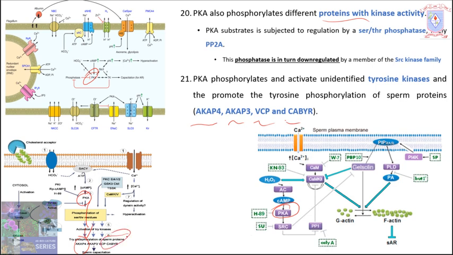And the activation of these proteins, that is these kinases, is essential for the sperm to complete the capacitation event. PKA substrate is subject to regulation by serine threonine phosphatase like PP2A. So the PKA is regulated by PP2A. PP2A is nothing but a phosphatase enzyme or serine threonine phosphatase. So this PP2A protein is regulated by SRC kinase family protein.